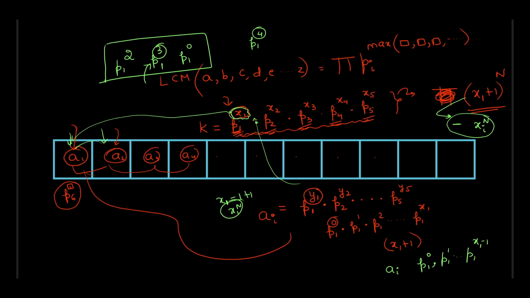So you can repeat this argument for each of the prime numbers that exist in the factorization. Therefore the answer to this problem is nothing but the product of (xi plus 1) to the power n minus xi to the power n. This is the final answer to the problem.